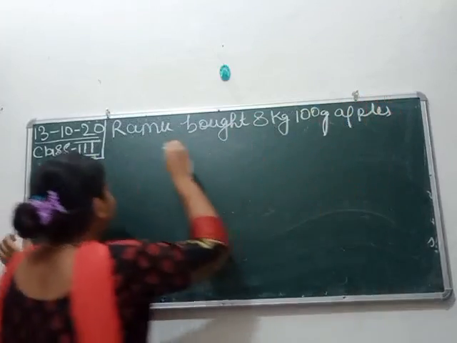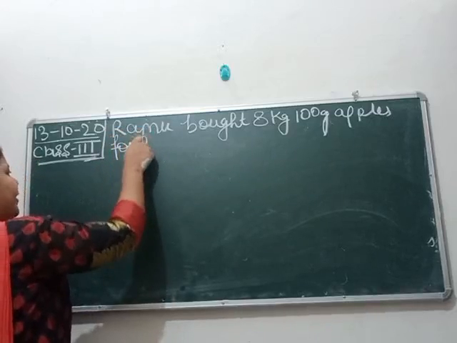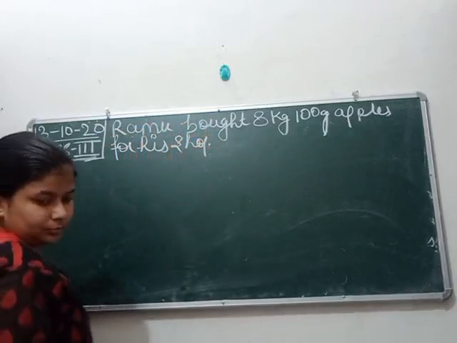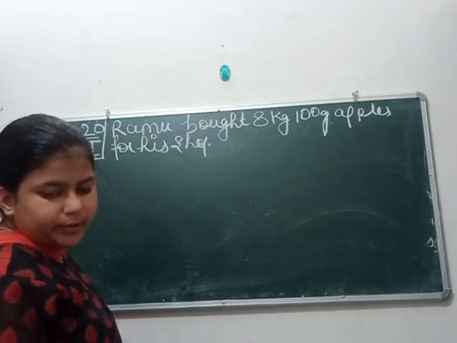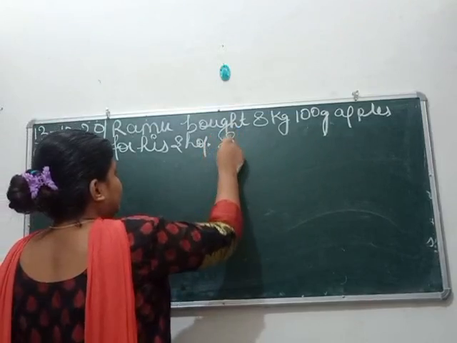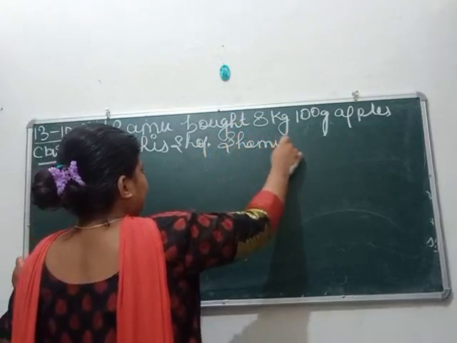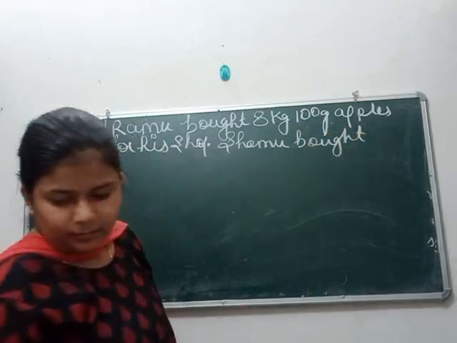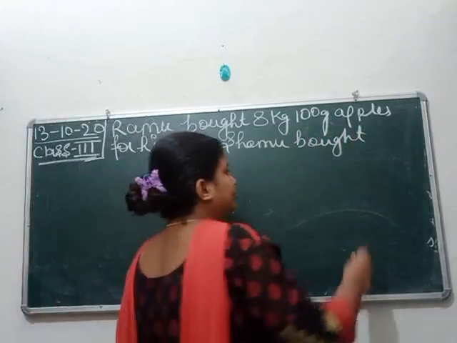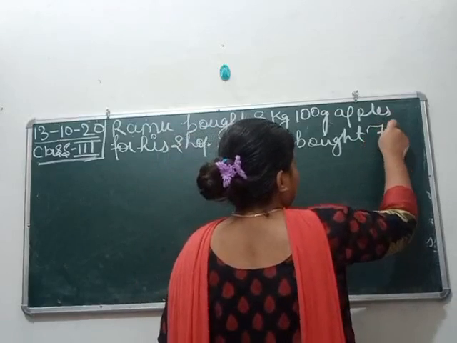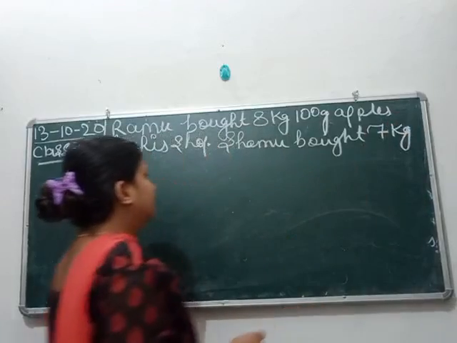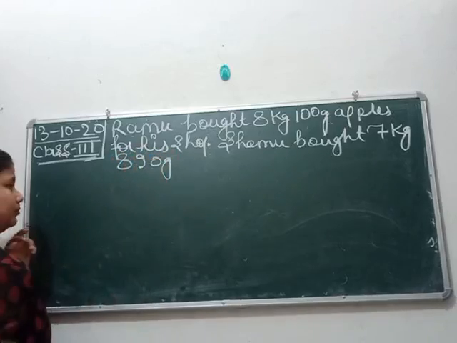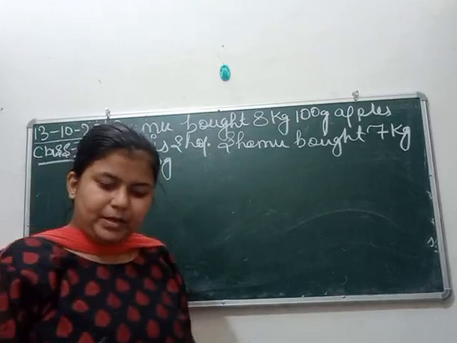Shyamu bought 7 kg 890 gram of apples for his shop.